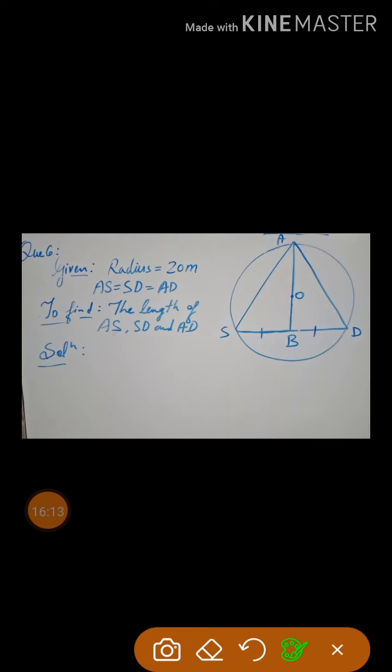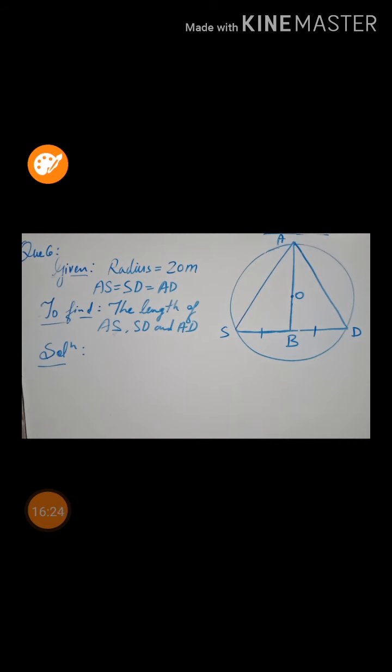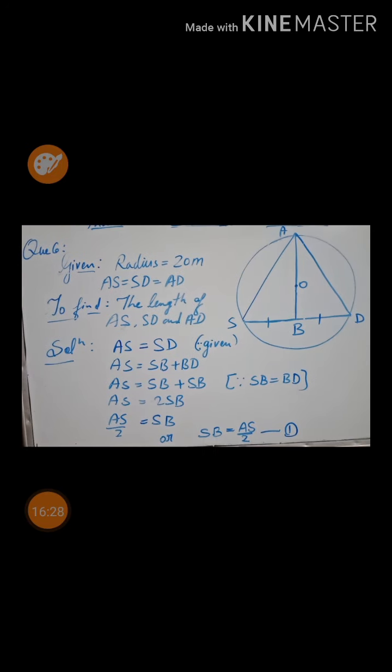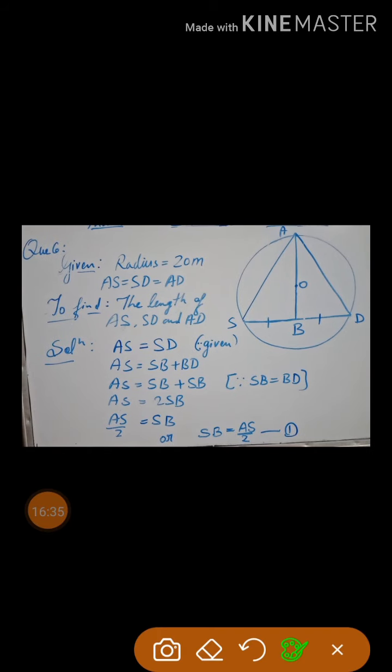And what we need to find? We need to find the length of AS, SD and AD, means we need to find the length of each string, and it is given all three strings are equal. The distance between these boys is equal. Now see AS is this. We are taking two sides of this triangle, AS and SD.